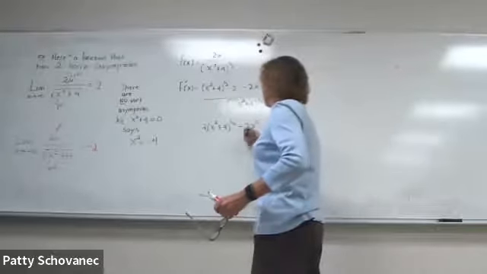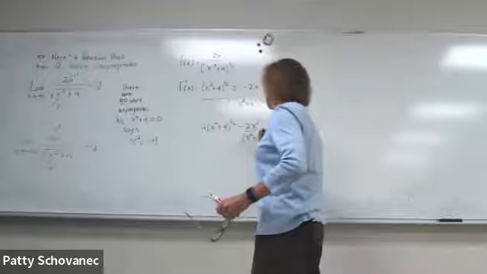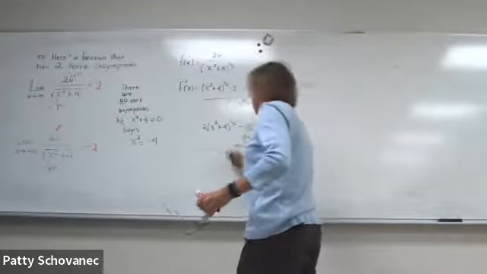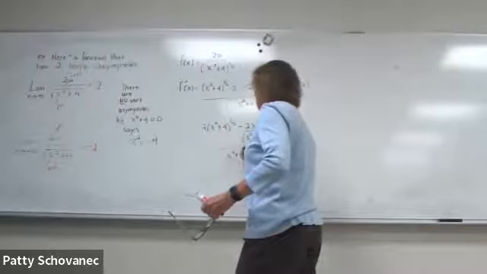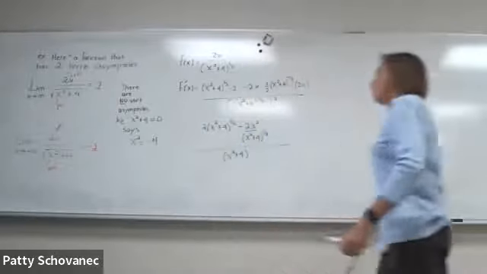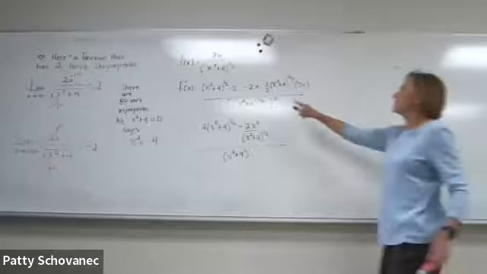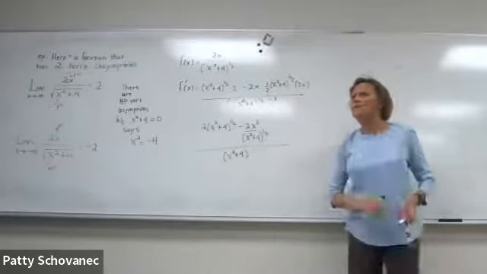That's going to be underneath. And then I said when I square the radical, I lose the radical. Why 2x squared and not 4x? Because remember, see that half in the middle? That's going to cut that 4 down into a 2.